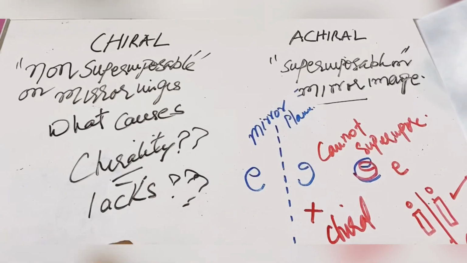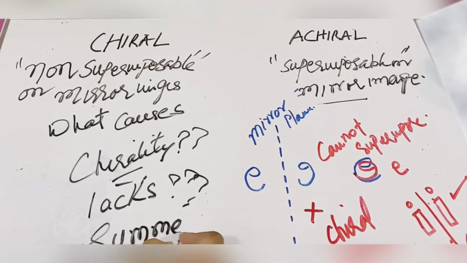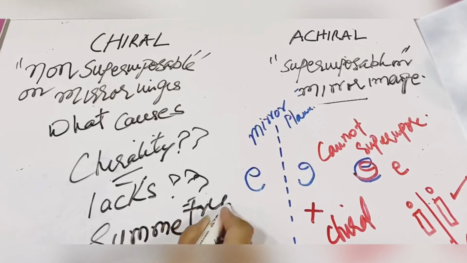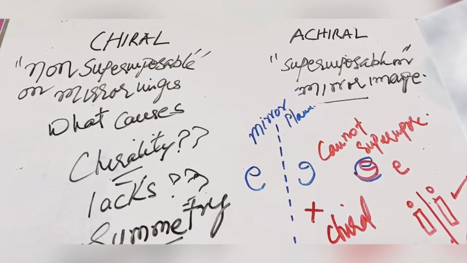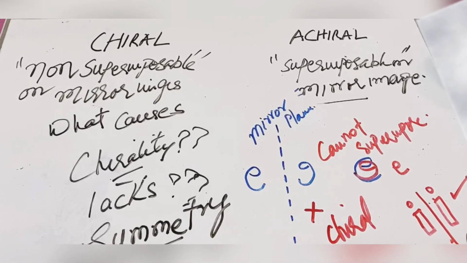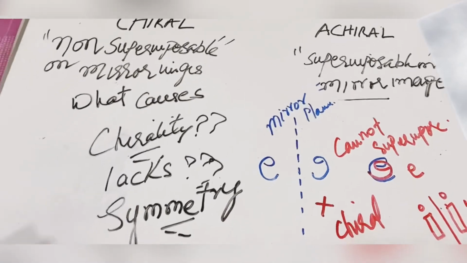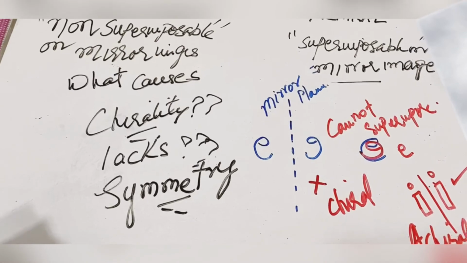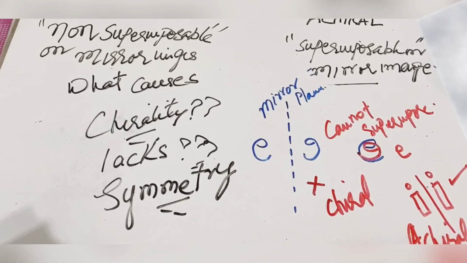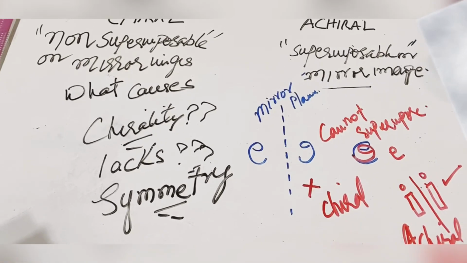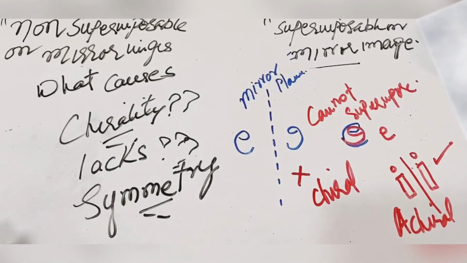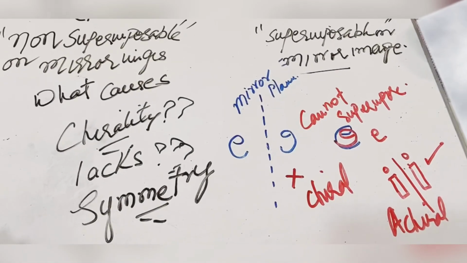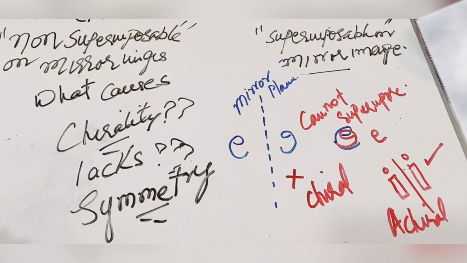Something is symmetry. It lacks symmetry. And it could be the symmetry of some objects, or for example any sort of molecule. I will let you understand this new topic, symmetry, in my next video.